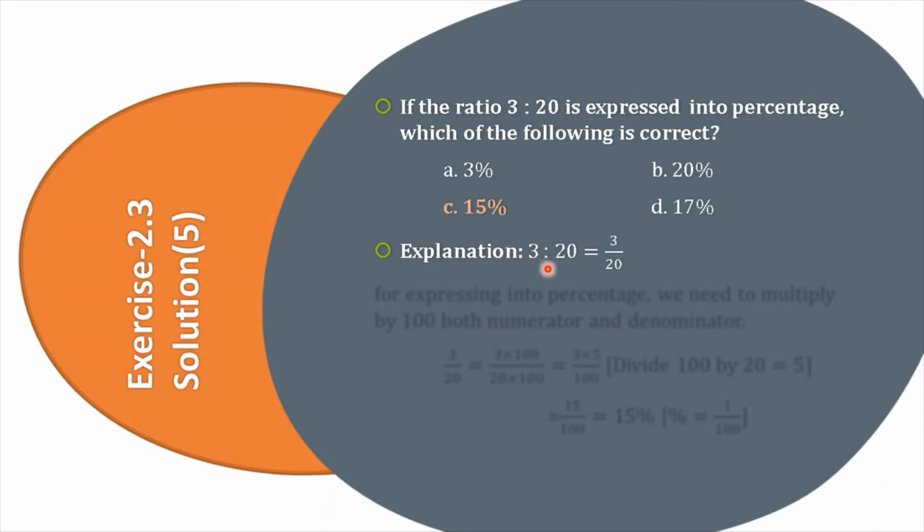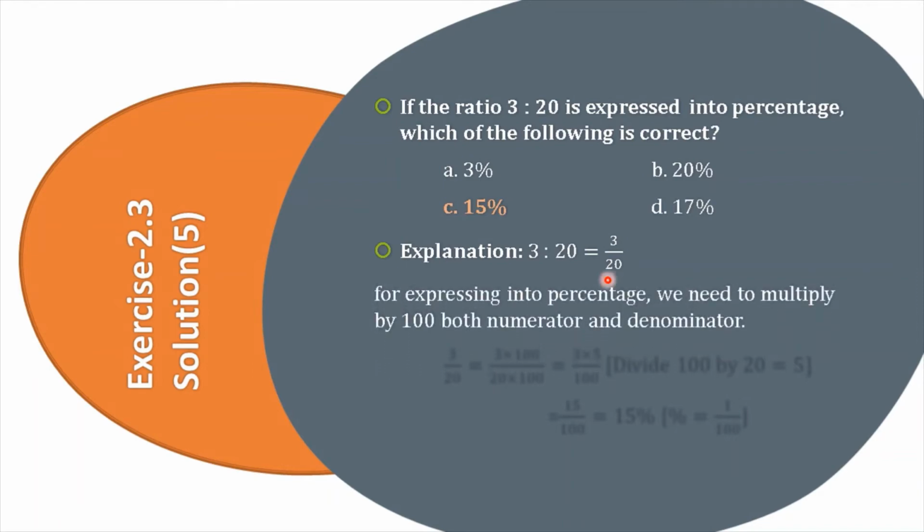Explanation. 3:20 equals 3 divided by 20. As we know, a ratio is a fraction. For expressing it as a percentage, we need to multiply both numerator and denominator by 100.